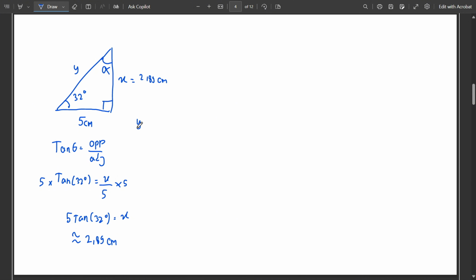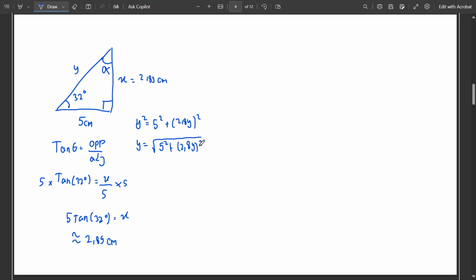So our y squared is equal to our 5 squared plus our x squared, 2.89 squared. So our y must be the square root of 5 squared plus 2.89 squared.